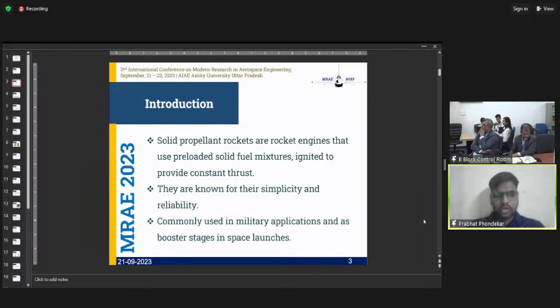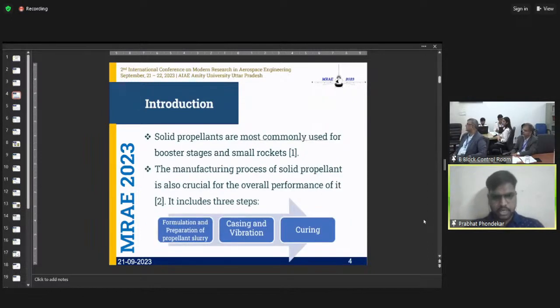The manufacturing of solid propellant plays a very important role. There are three steps: first, the formulation and preparation of propellant slurry; second, the casting and vibration process; and the last one is the curing process. Each of these three steps is very important.